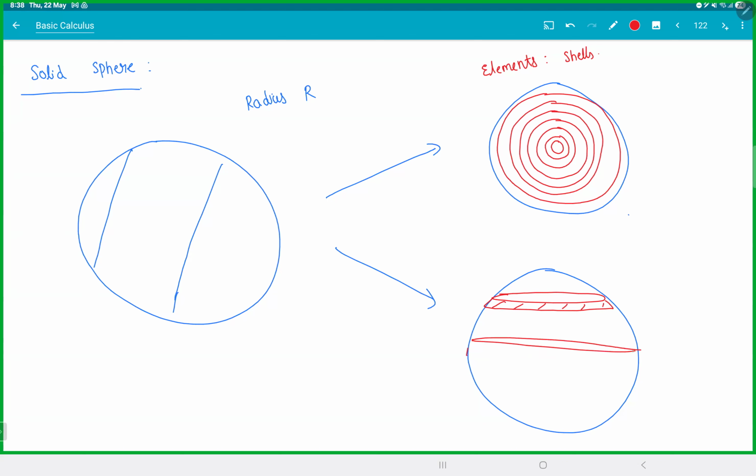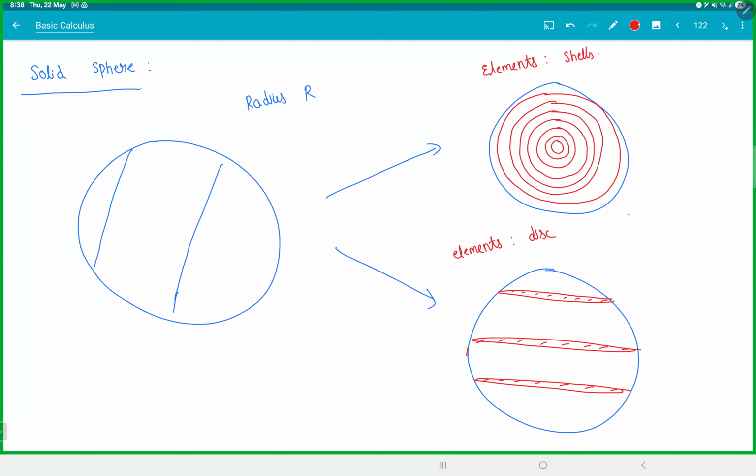These are very thin disks. We will see both the cases in two different ways.